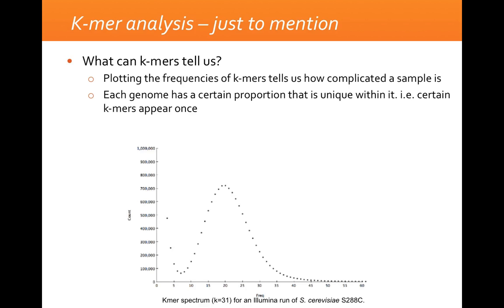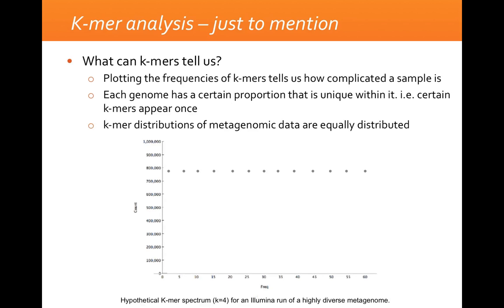From a metagenome, you're sequencing maybe 1,000 different species, and so you will not expect this distribution of the Kmers. You will expect a more even distribution of the Kmers.